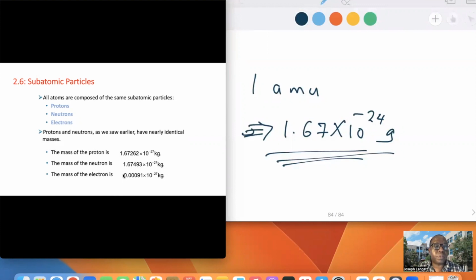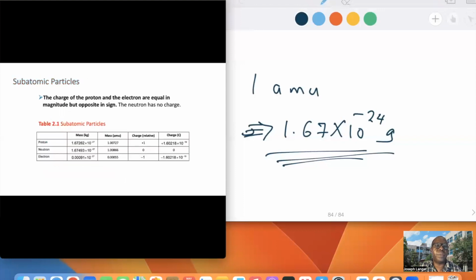Converting to kilograms, the exponent changes to negative 27. I'll say 1 AMU for neutrons and 1 AMU for protons, but electrons are really small, so small that they don't count towards the mass of the atom.